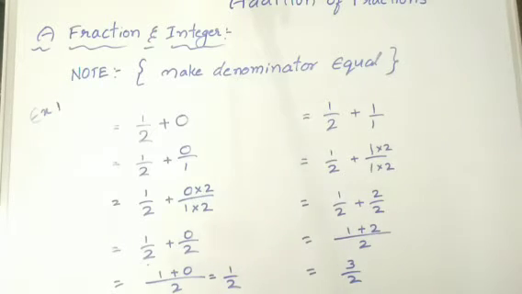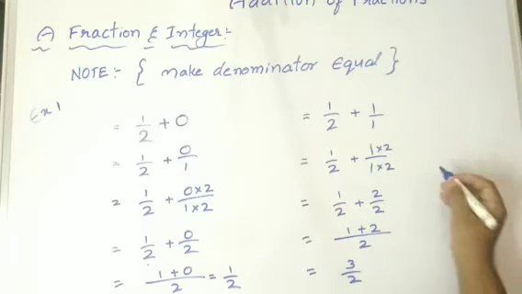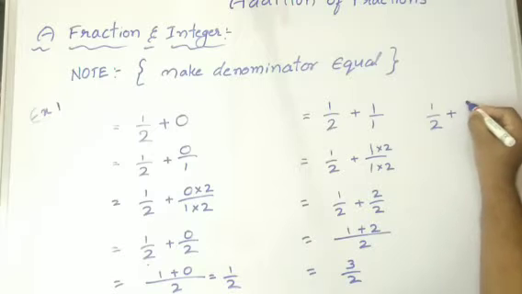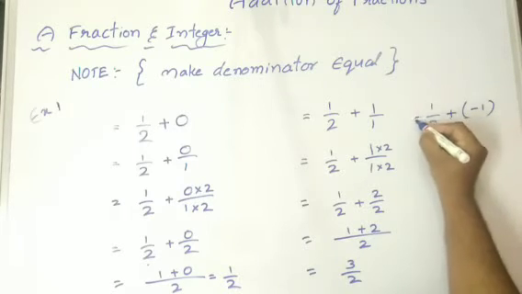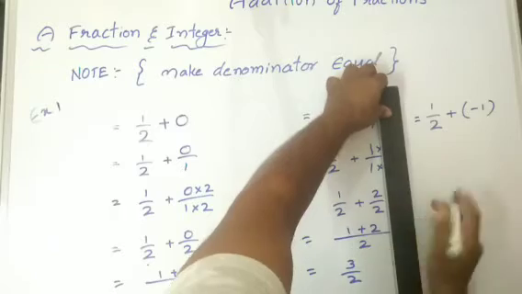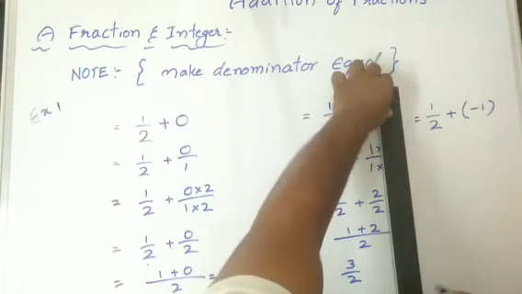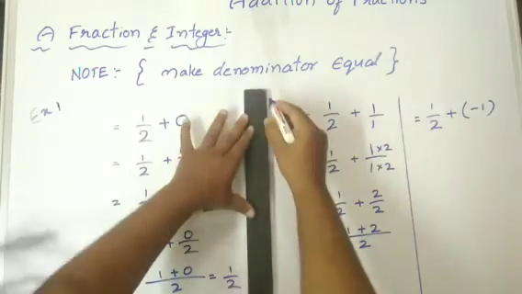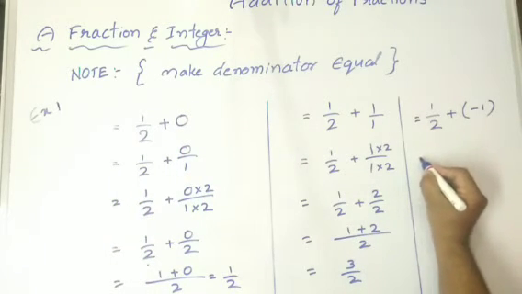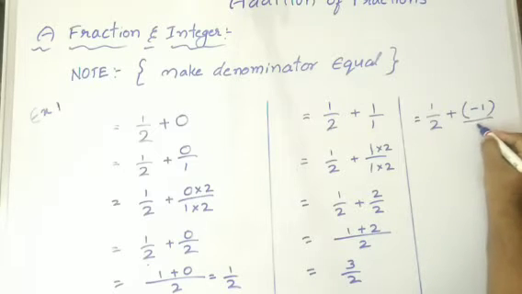And the next one: I am adding the same 1 by 2, but this time I am adding minus 1. Same here, I am keeping this as minus 1 by 1.